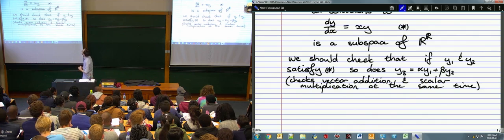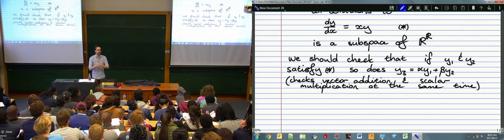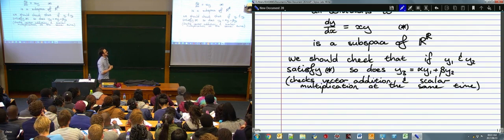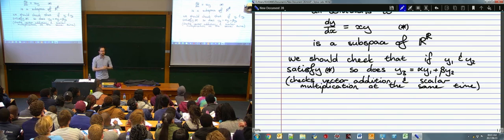We want to show that y3, this linear combination, is a solution to the differential equation, so that y3 satisfies equation star.